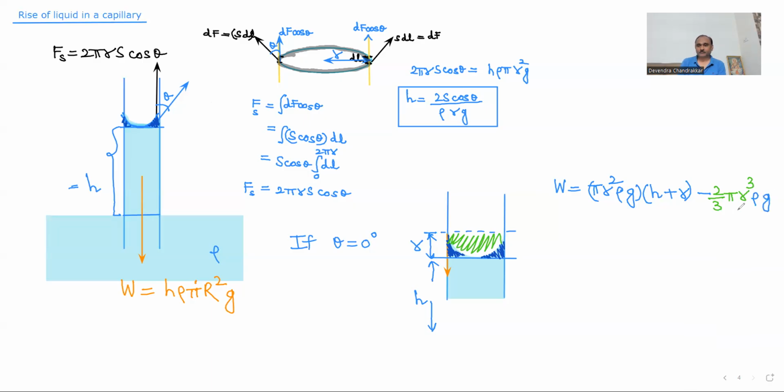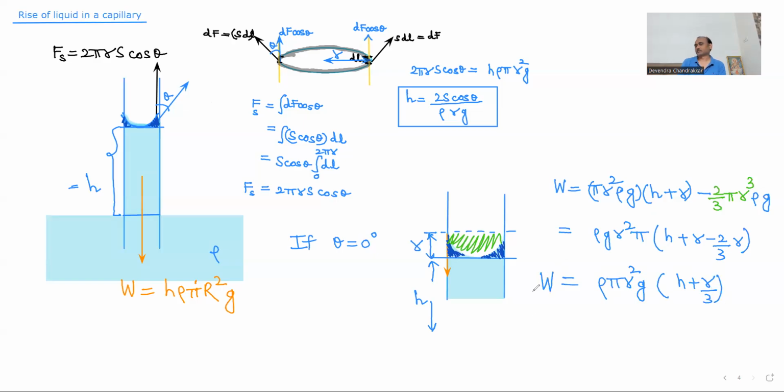Volume into density into g. ठीक है, तो इतना इसे एलिमिनेट करना है. So we have rho g, r square is r square, pi is pi. What we are left out with is pi r square, rho g is there, h plus r minus 2 by 3 r, or it is rho pi r square g into h plus r by 3.